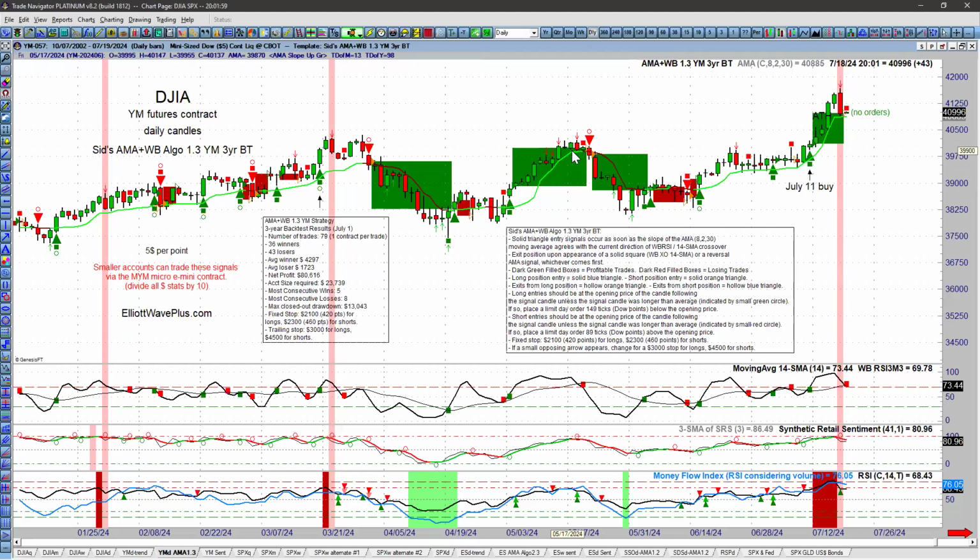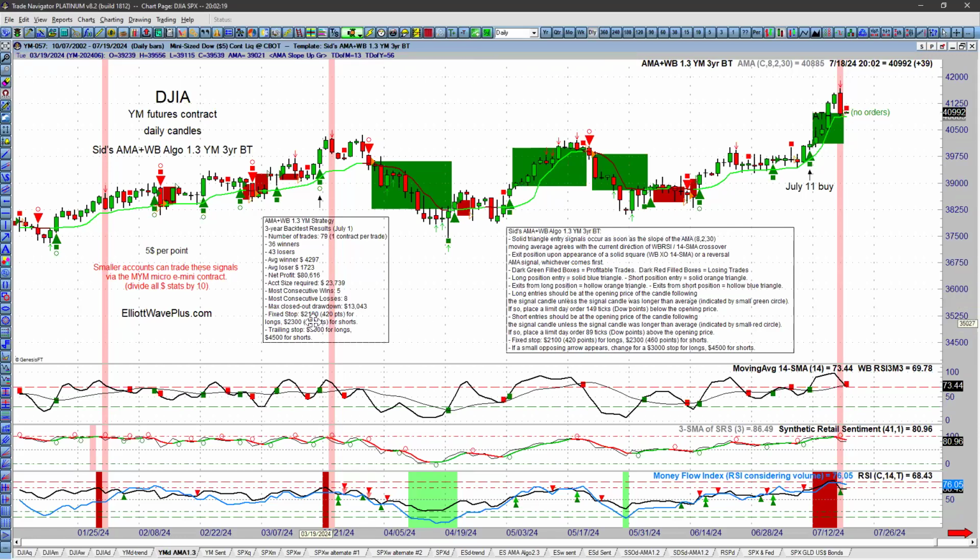It lets it run, but when the Walter Bressert starts to slope down, that is a clue, and that's what these little red arrows are, the algo starts trailing the stop.